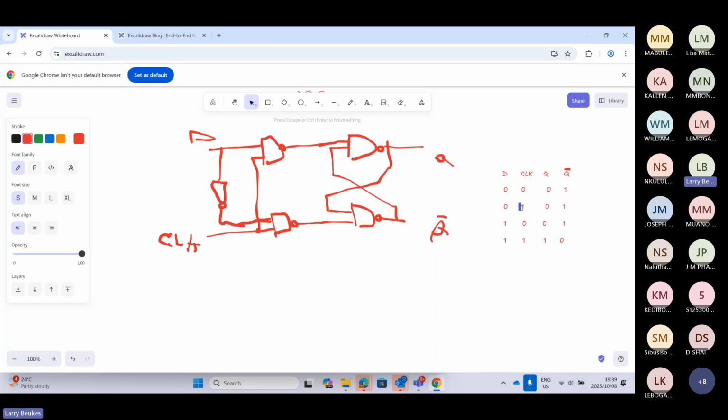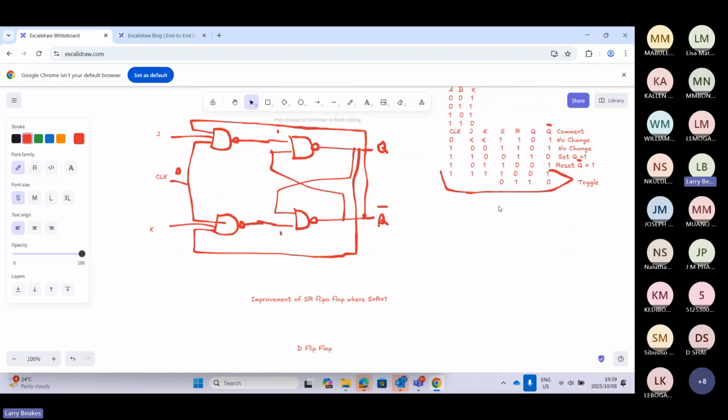If the clock is not on the rising edge, if you were to go bit by bit, you will see that if the clock is not 1, if the clock is not rising, the output will not change. Are you guys with me? So that is how it is helping us not to reach this invalid and toggle state.